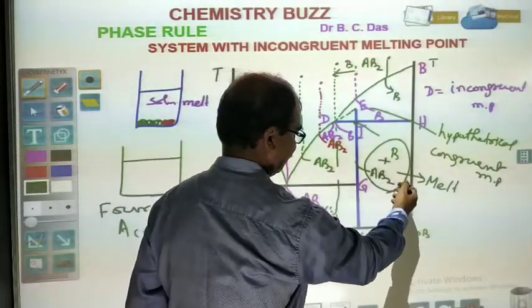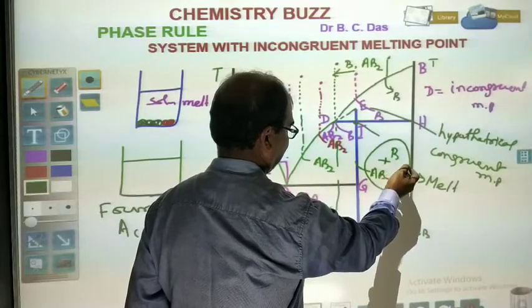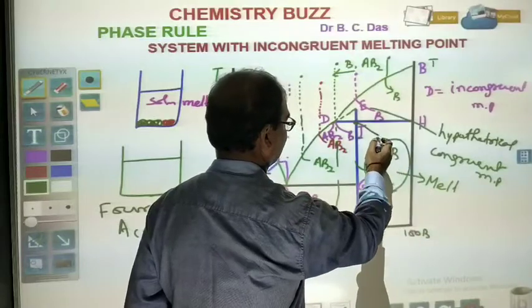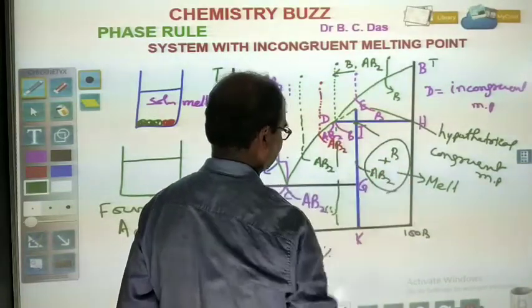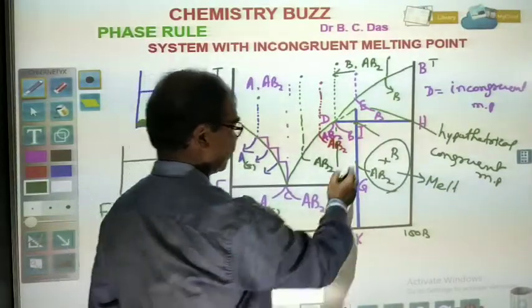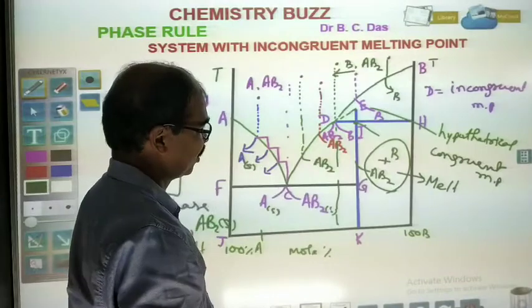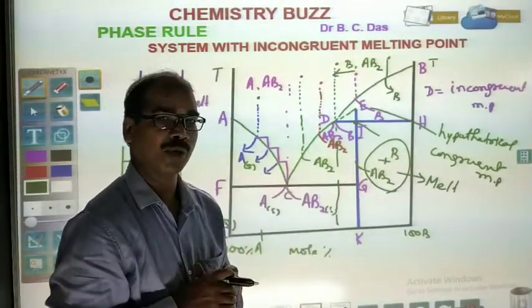Likewise, in this region, solid AB2 and solid B are present with the solution, so this is also monovariant.